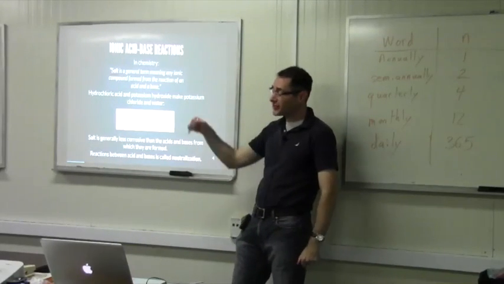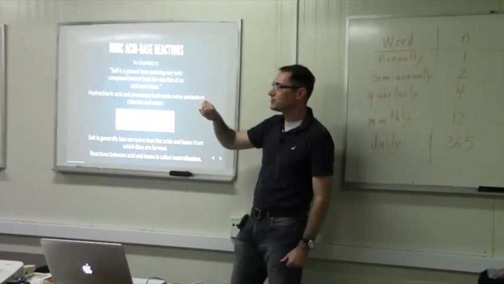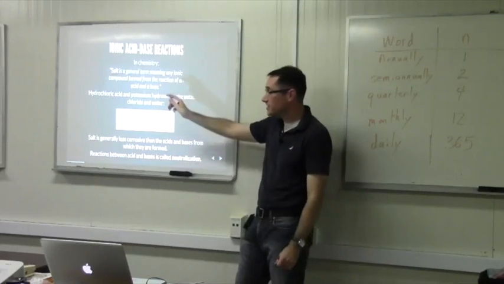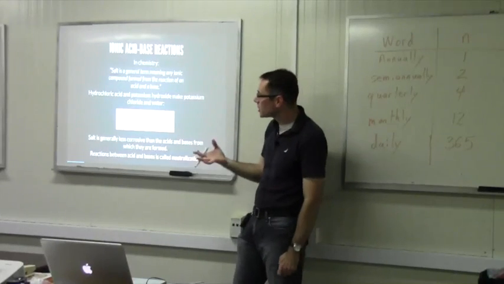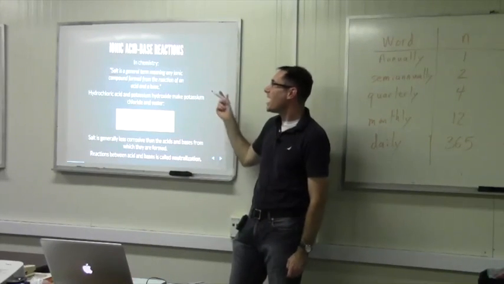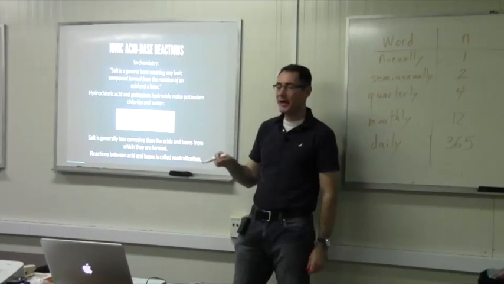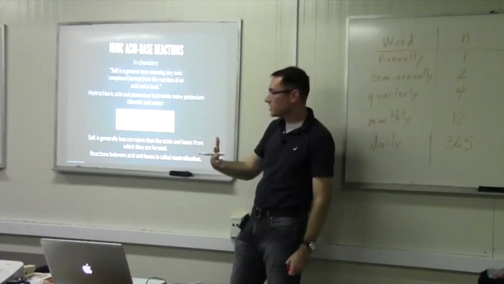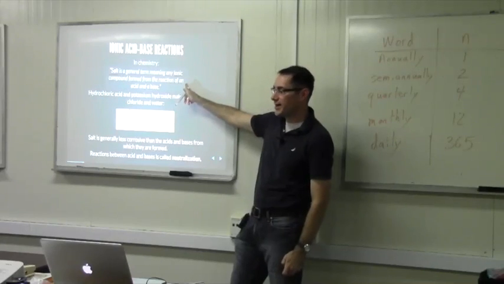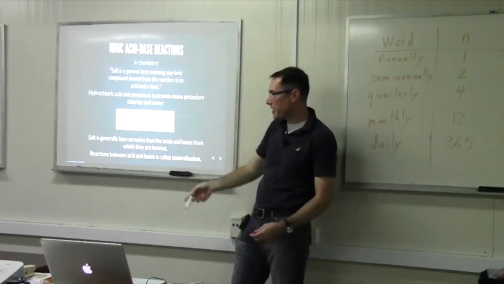When we talk about salt, the stuff you put on your French fries, that is a salt. It does fit into this definition, but it's not the only salt. Okay, salt is a chemical term that means any ionic compound. And remember, ionic compound was when you got a complete transfer of those electrons, formed from the reaction of an acid and a base.